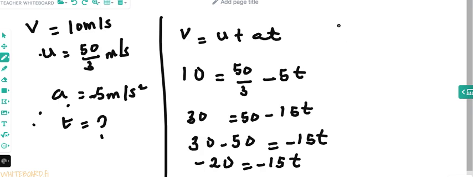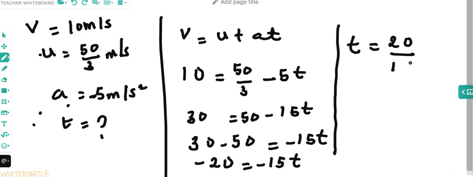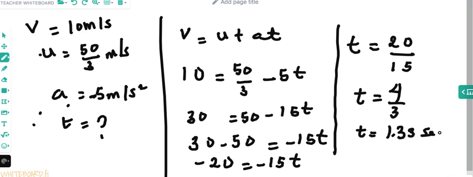Dividing by negative 15, t is 20 over 15, as negative becomes positive, then t is 4 over 3, or t equals 1.333 seconds. So that is the solution.